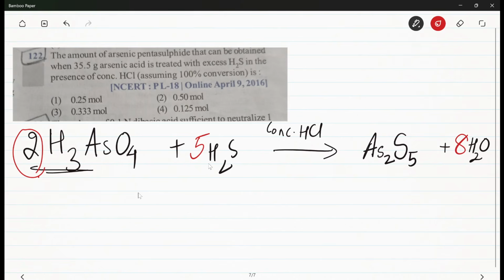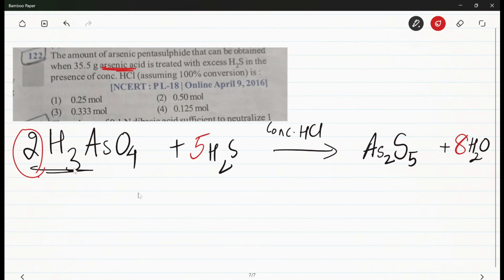After balancing, how much can be obtained from 35.5 gram of arsenic acid? So tell the molecular weight of arsenic acid. What is the molar mass of arsenic acid? Given or not given? What can be taken as the molar mass of arsenic?